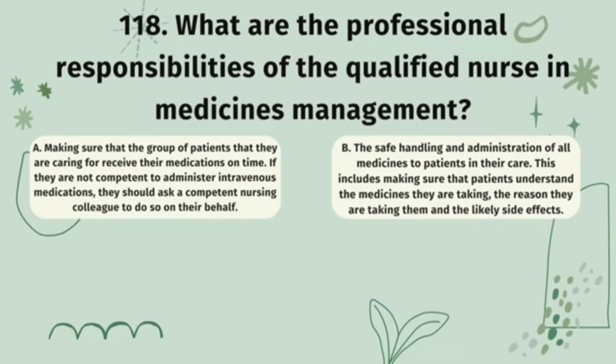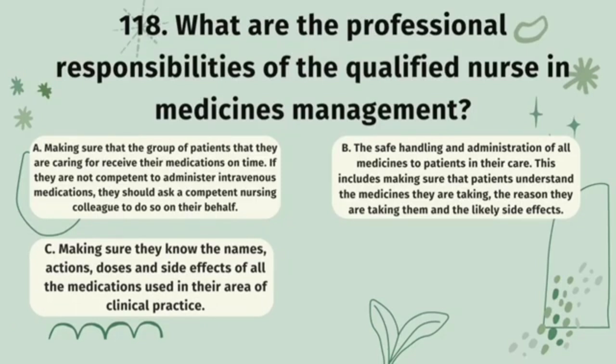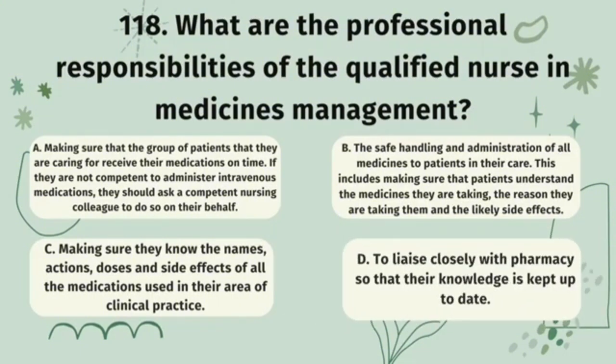This includes making sure that patients understand the medicines they are taking, the reason they are taking them, and the likely side effects. Option C. Making sure they know the names, actions, doses, and side effects of all the medications used in their area of clinical practice. Option D. To liaise closely with pharmacy so that their knowledge is kept up to date.